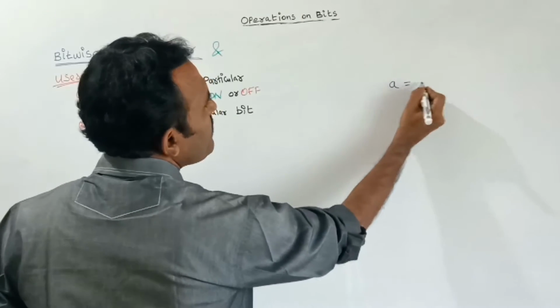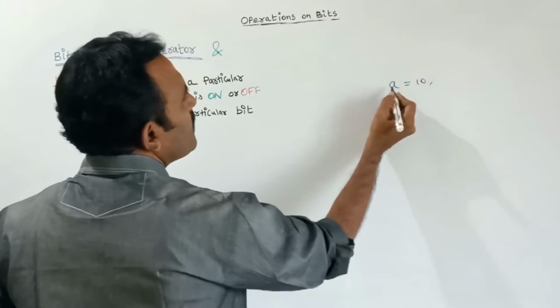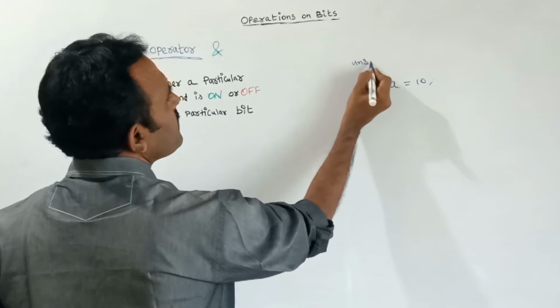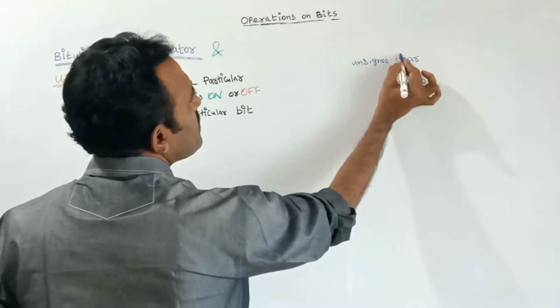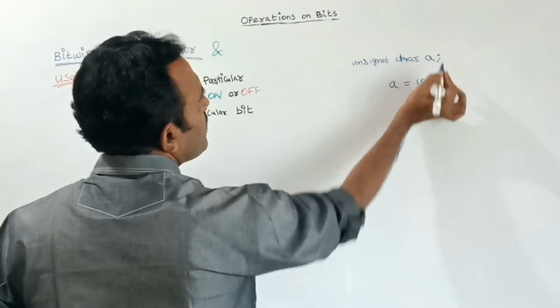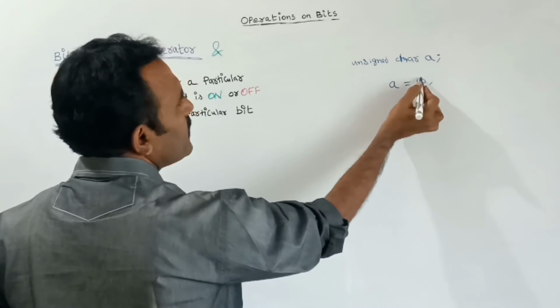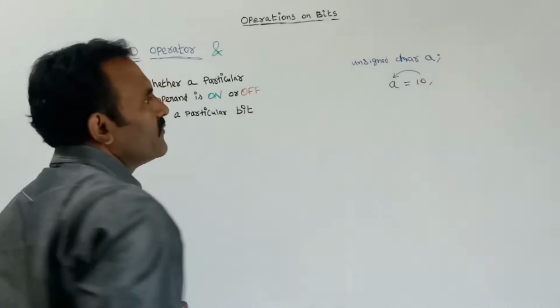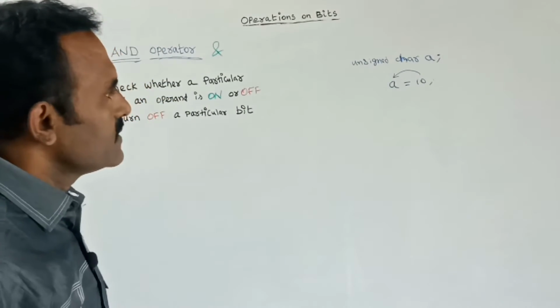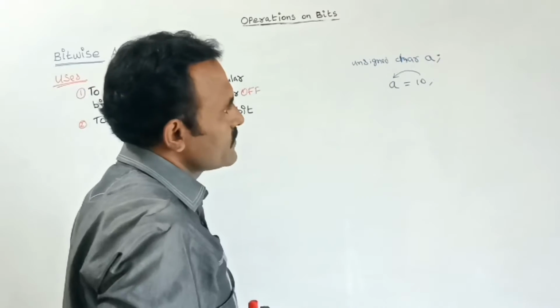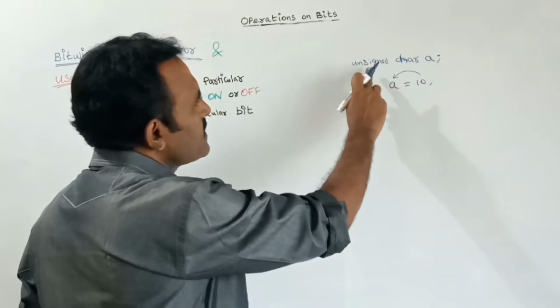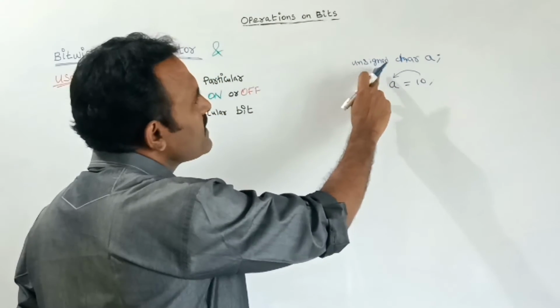Suppose you are storing the value 10, and let us assume this is unsigned character data. Unsigned character A, and here I am storing the value 10 to variable A. While storing, it will store the binary values. What is the default size of the character data type?